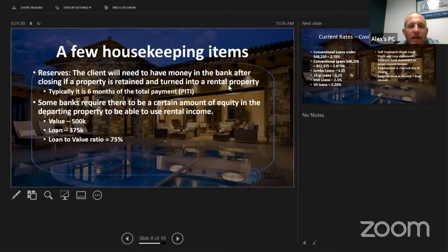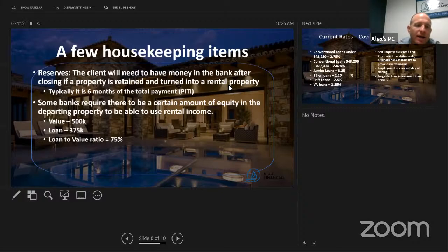Some banks require there to be a certain amount of equity in the departing property to be able to use rental income. So you can't have 95% or 90% of the property that you're leaving tied up. This rule is more so for bigger purchases in the sub $800,000 loan range.